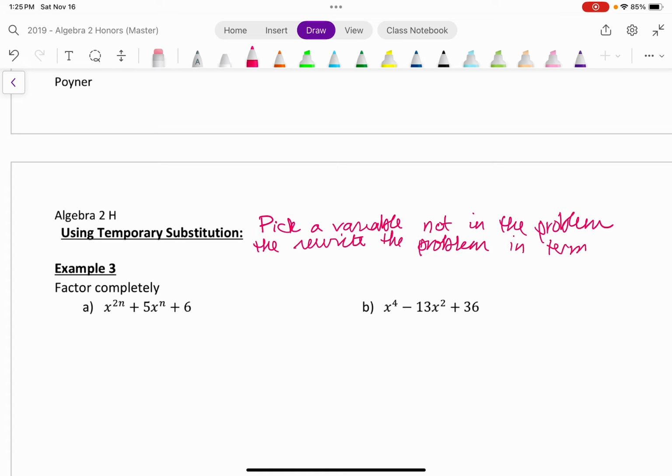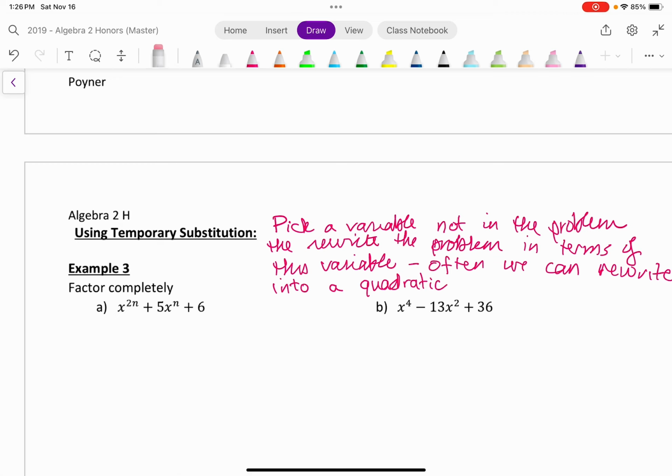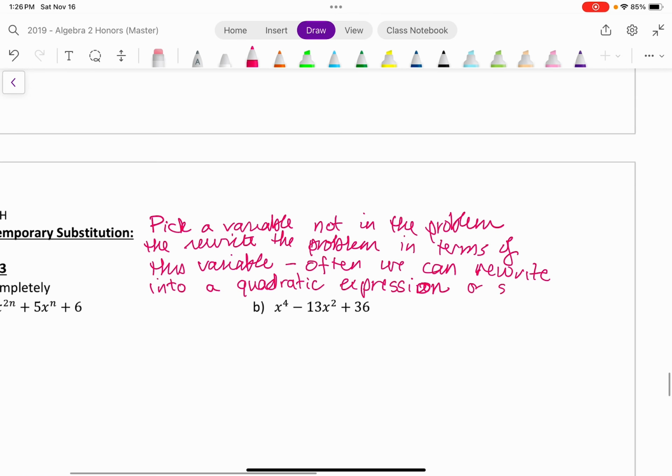Often we can rewrite it into a quadratic expression, or something else that is easily factorable, or easier to factor.